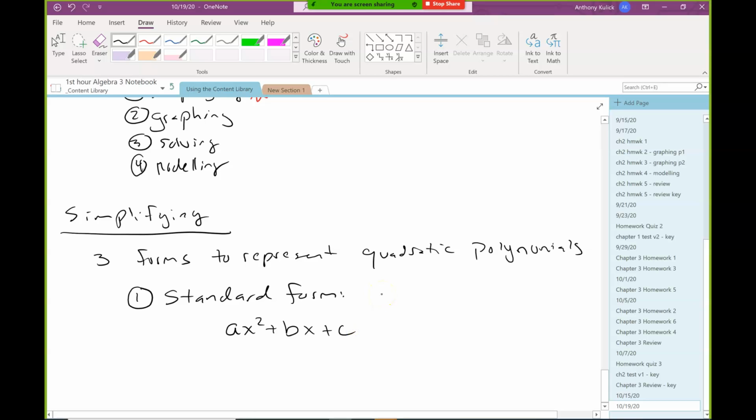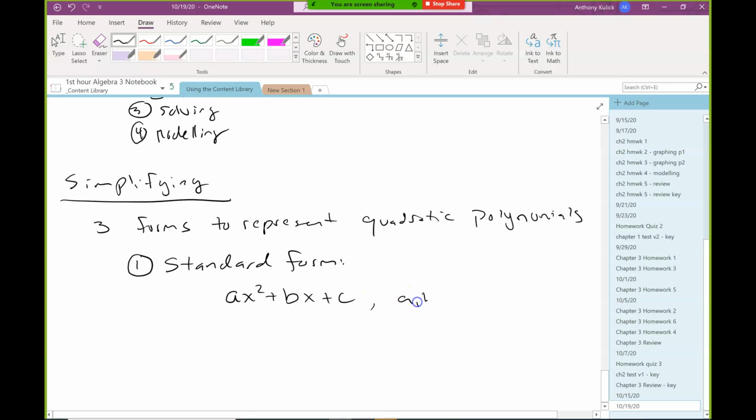So standard form is written ax squared plus bx plus c, where a, b, and c are the coefficients. So for example, 7x squared plus 3x minus 5 is a quadratic polynomial written in standard form.